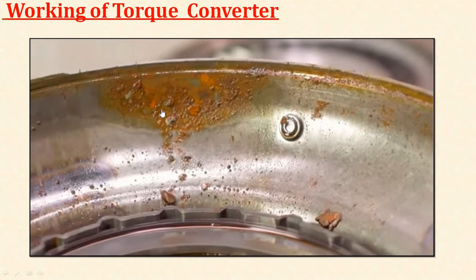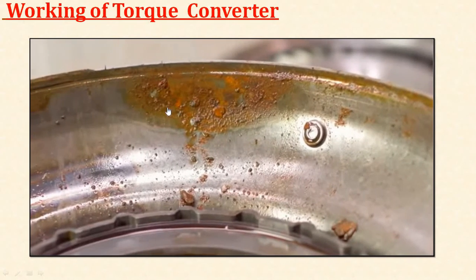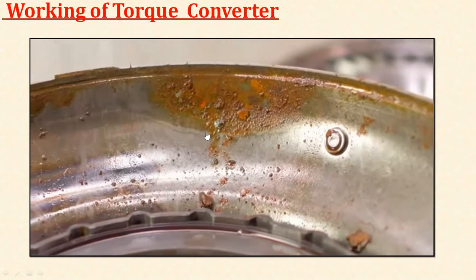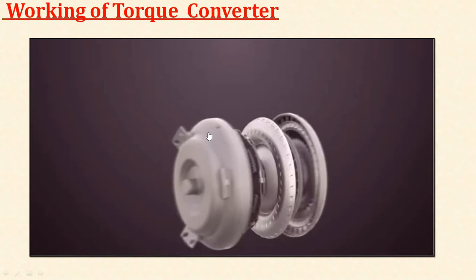Disassembly is done, and damage to the inside portion shows corrosion, which affects the torque transmission.